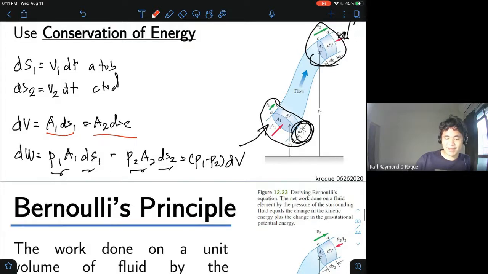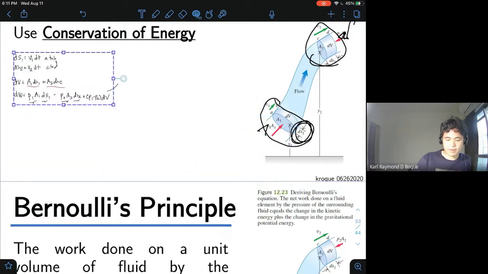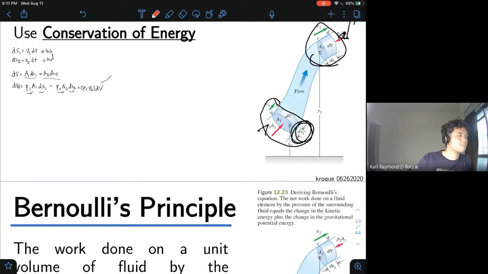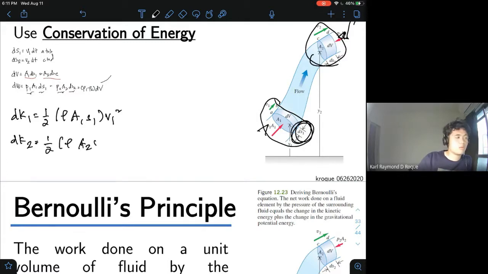Okay, almost there, guys. This isn't very important, but let's go. That's the work. Now the kinetic energy. The kinetic energy at the start, dK1, is 1/2 mv squared, which is 1/2 rho dV v squared, so 1/2 rho A1 ds1 v1 squared. dK2 equals 1/2 rho A2 ds2 v2 squared.